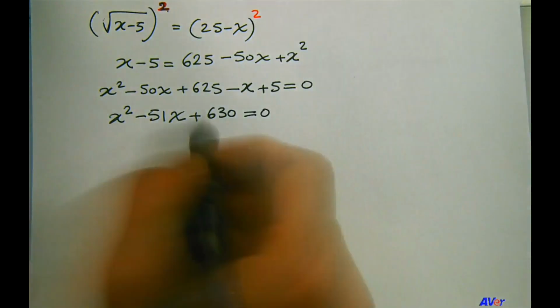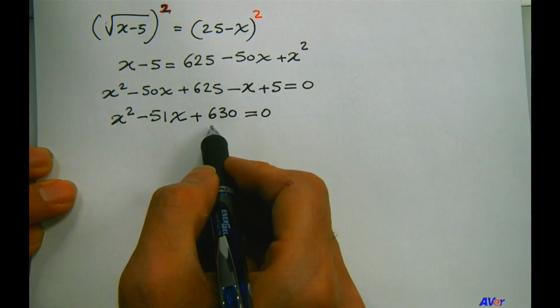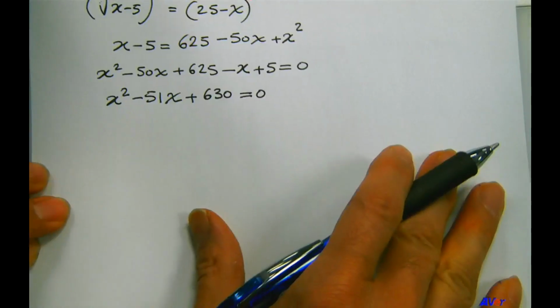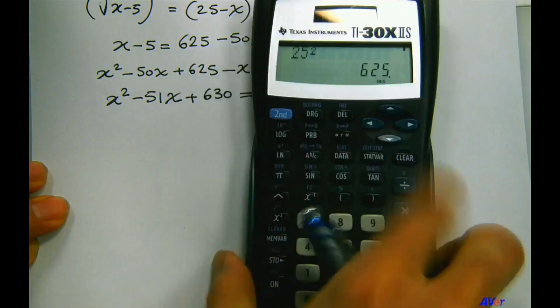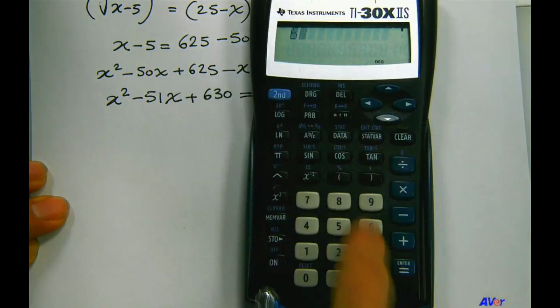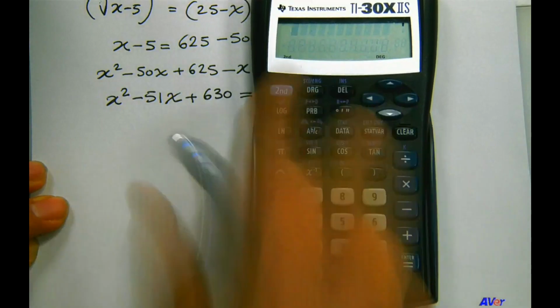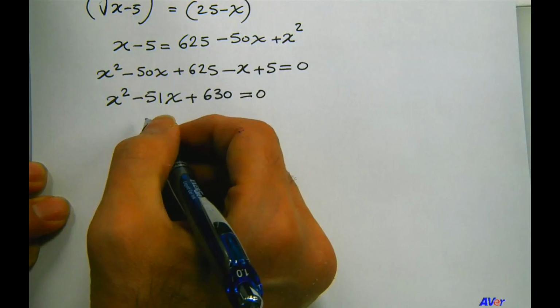Because factors are not immediately clear to me at all, let's see if 630, let's just take a wild guess, 630 divided by 51. No, so no help at all on that. So I'm going to use the quadratic formula.